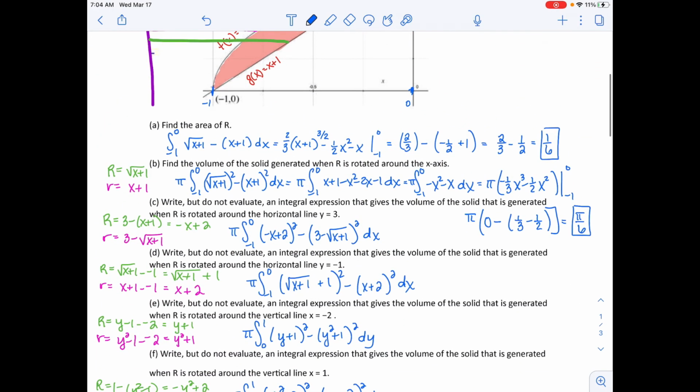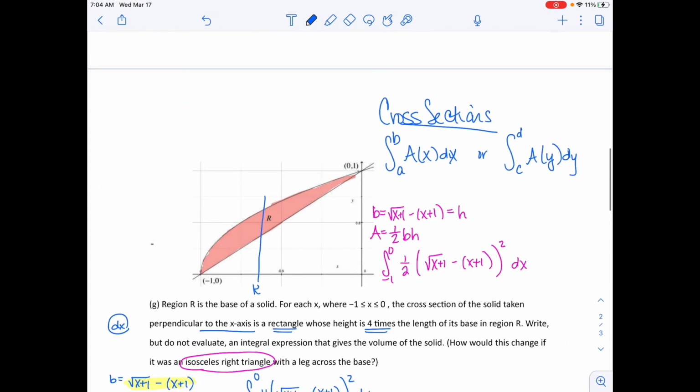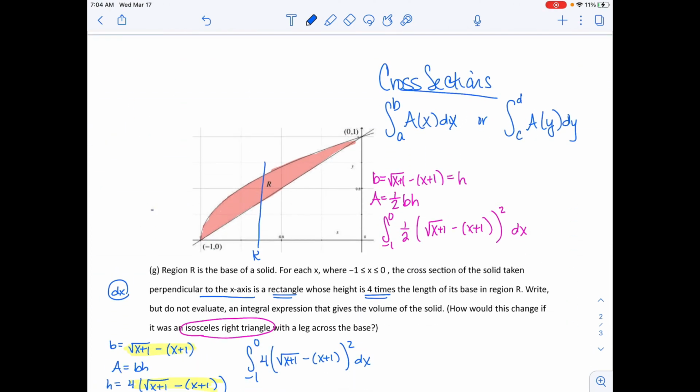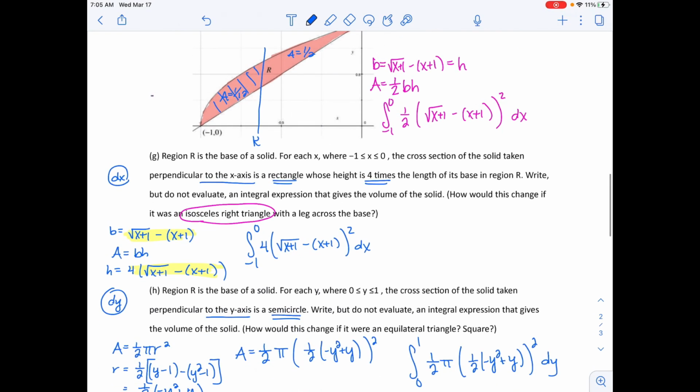So if you go back to part A, we know the area of the whole thing is 1/6. Half of 1/6 is 1/12, so the area here is 1/12, and the area here is 1/12. So we're going to focus on this half over here. And we're just going to set up an integral for that.